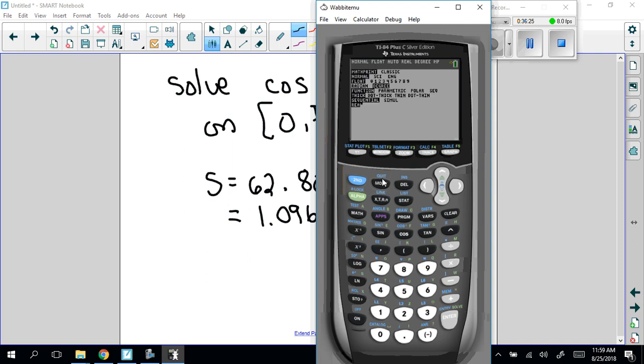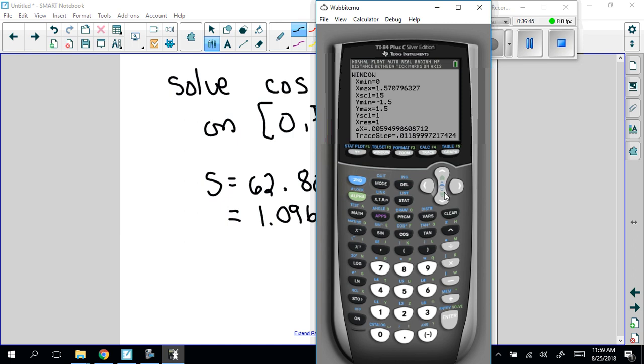you switch your mode to radians. You set your window 0 to pi divided by 2. Don't go by 15 degrees. You like to go by 15 degrees, but in radian format.